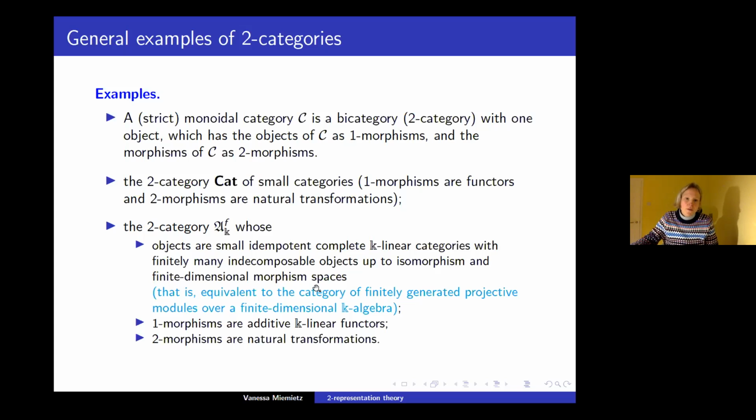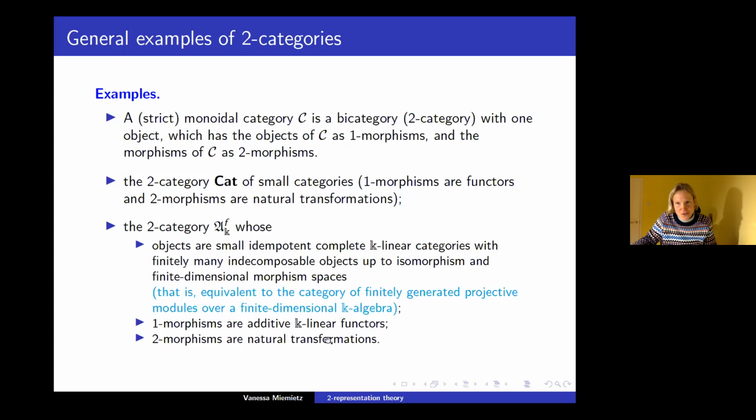And then 1-morphisms are additive K-linear functors, because we now have this nice K-linear additive structure. Sorry, that should have said additive. Additive is missing here, I think. Too many adjectives. So now we want additive functors, and 2-morphisms are just any natural transformation of these functors.